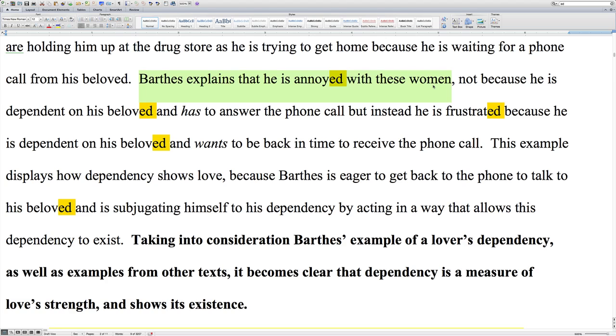Okay. This is a really tricky one. Sometimes EDs can be adjectives. He is annoyed. This could be just a description. Like, the door is open, right? That's not a verb, open.